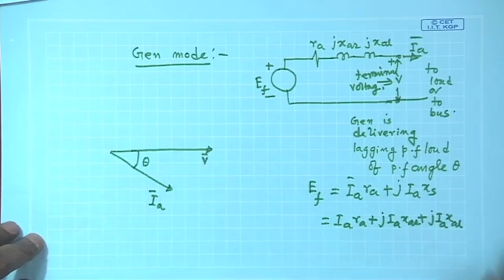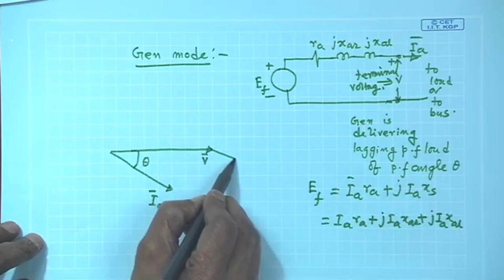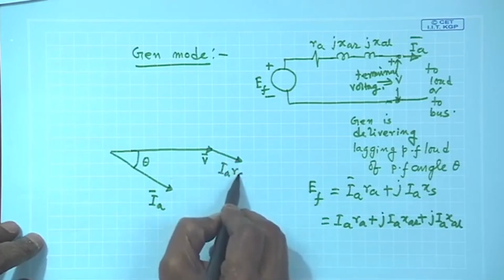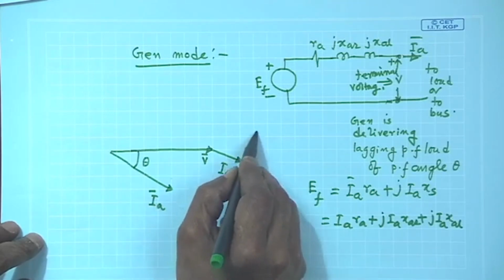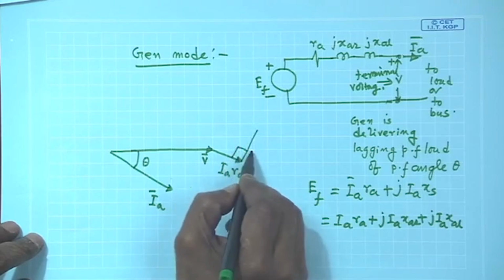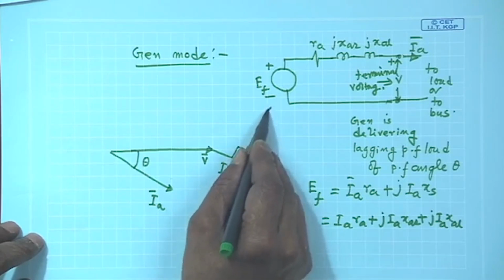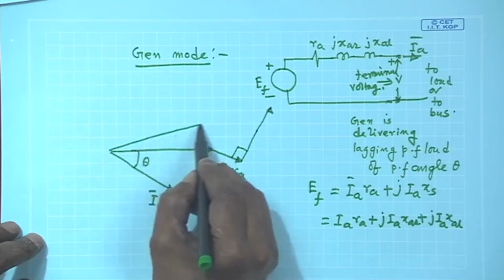So, V plus IA RA I will add, this is IA RA, then J IA XS will be 90 degrees to this, and you will get your EF.